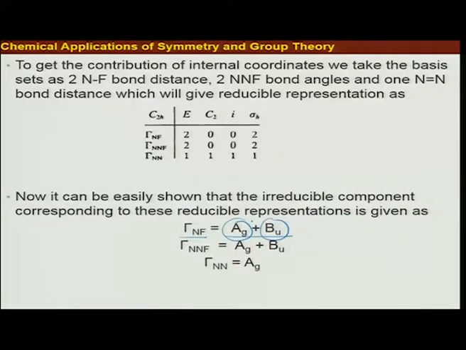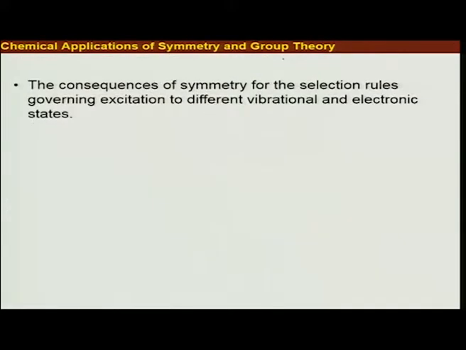Okay, so we learnt also how to find out the rules that control the excitation of different vibrational as well as electronic states. So the main thing here we learned is the application of direct product.